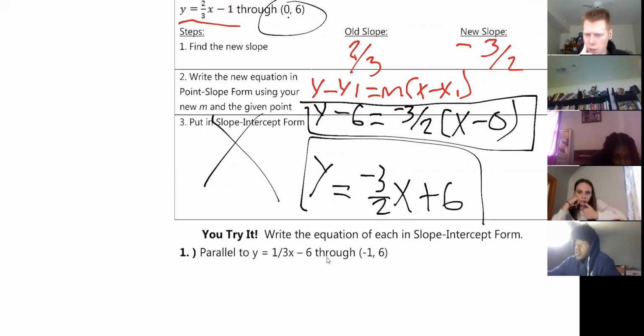I'm pretty sure when I ask you to find an equation on your quiz, I just say find the equation. So if you want to get it in point slope form, go for it. If you want to get it in slope intercept form, go for it. I'm usually pretty easygoing because, in my opinion, maybe there are mathematicians with other opinions, but point slope form and slope intercept form are both very versatile.